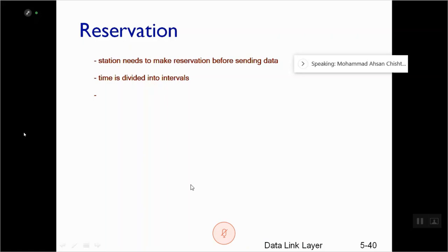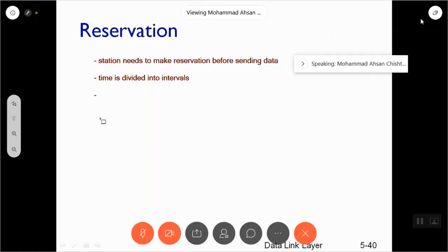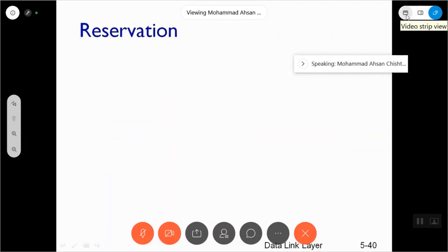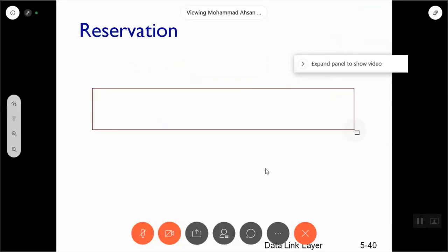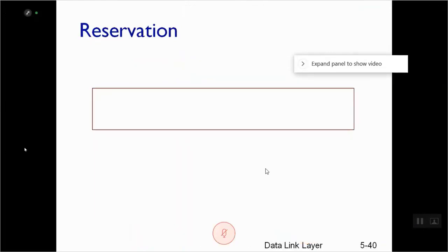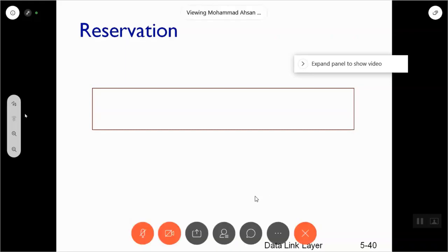So it's like this. Let me draw it to make it simpler.